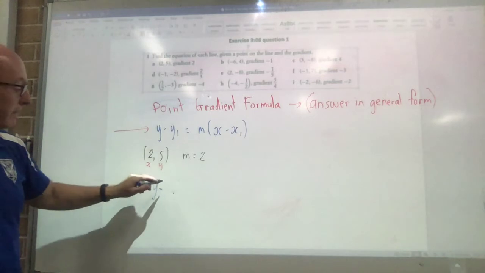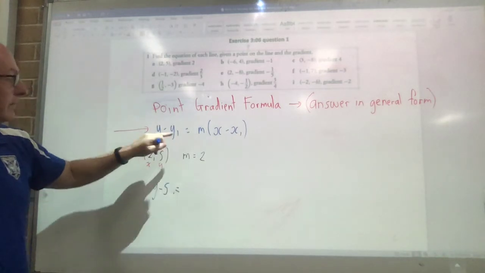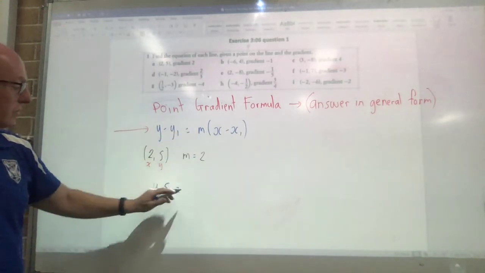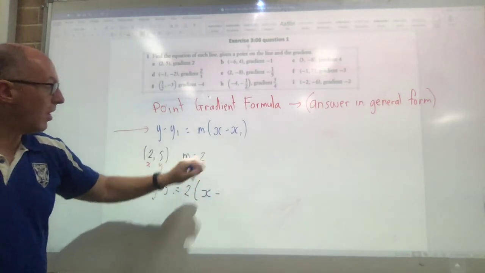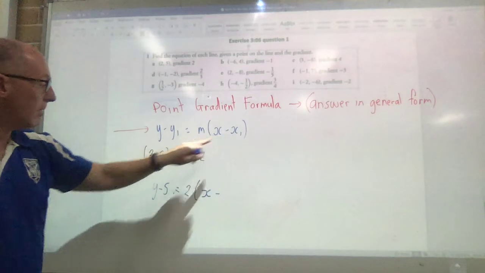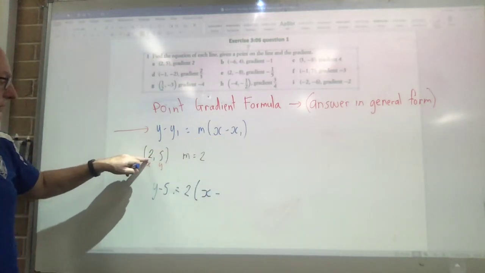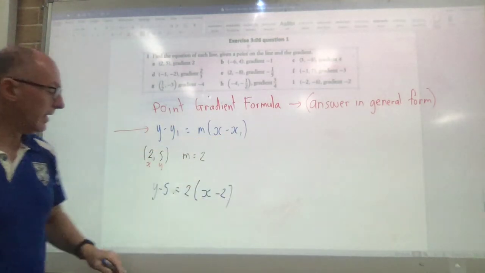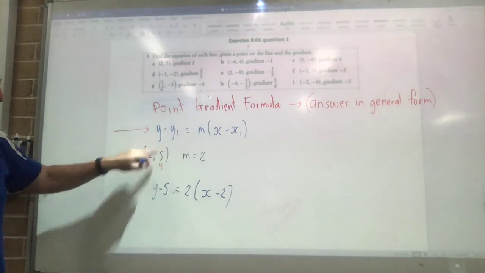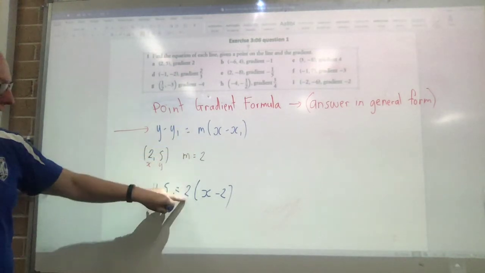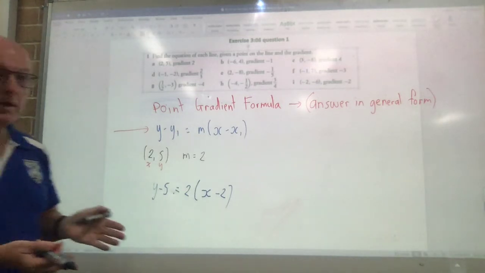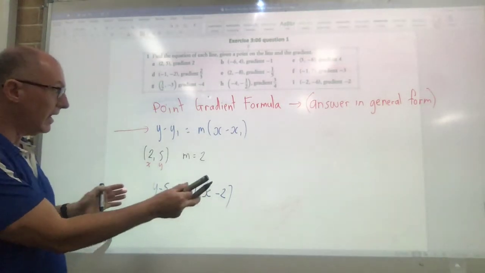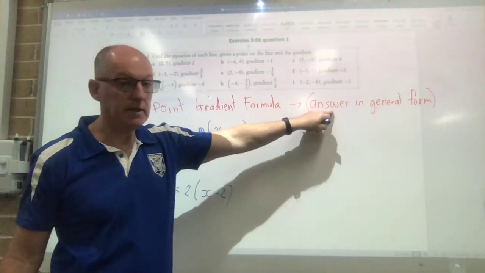So y minus 5 equals m is 2, open bracket, x minus, in this case, x1 is 2. Okay, so there I've substituted the 5 there, the 2 there for the gradient, and the 2 there for the x coordinate. What I've got to do now is expand this out and put the answer in general form.